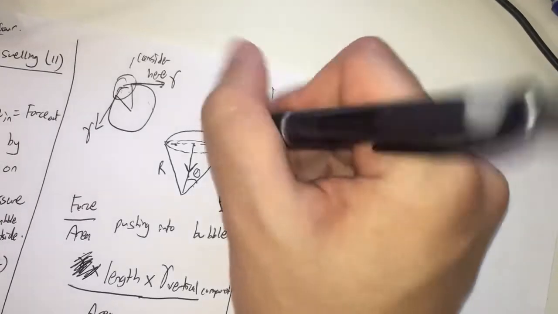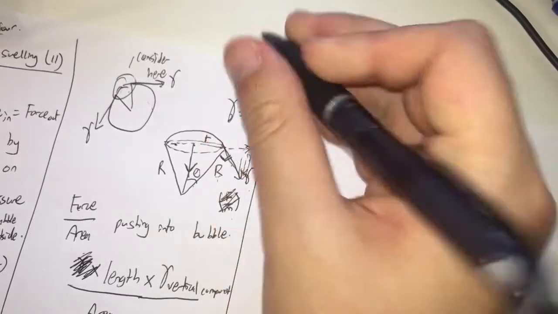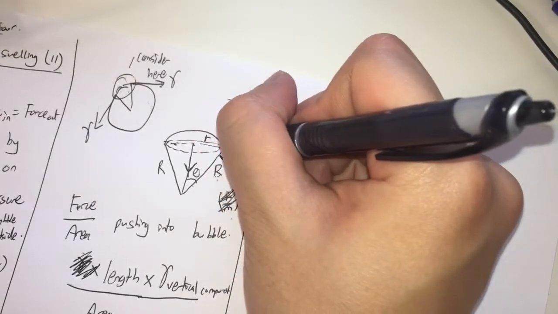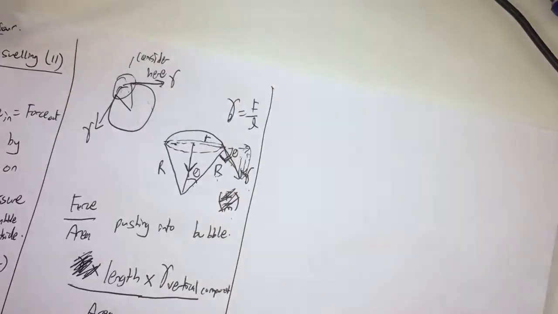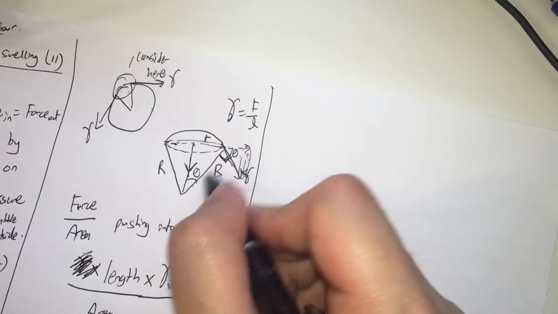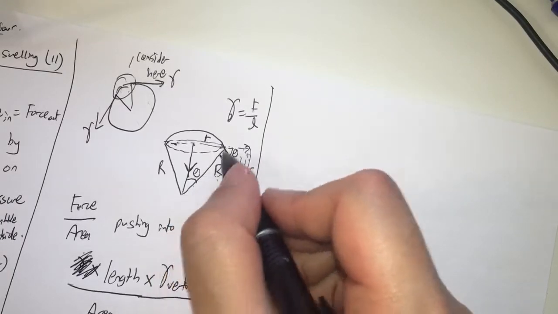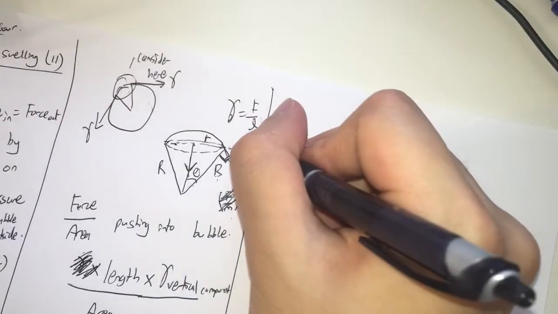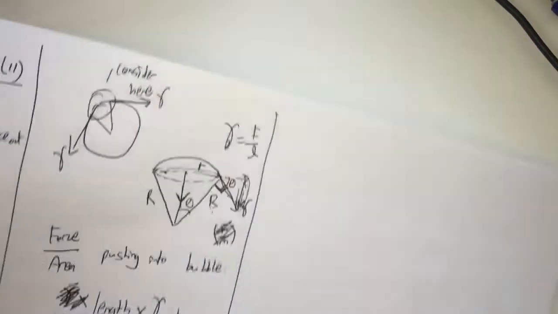Tangential means it's 90 degrees. Tangential means gamma is at 90 degrees at this point, and this is the radius, so gamma is perpendicular to the radius, orthogonal to the radius. So this is theta over here, and the vertical component pointing down will be gamma sine theta.